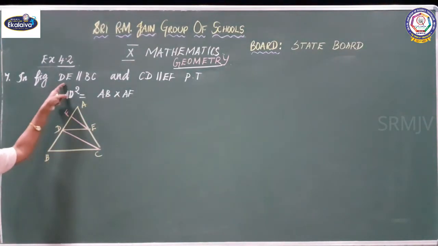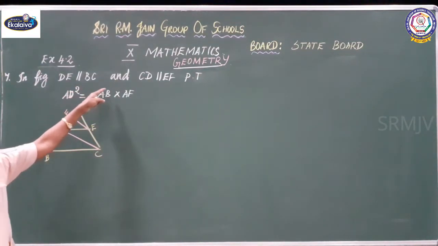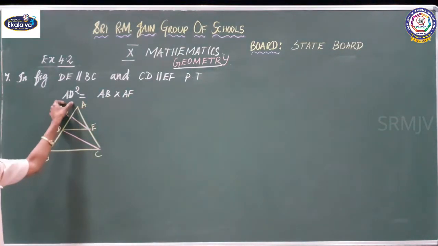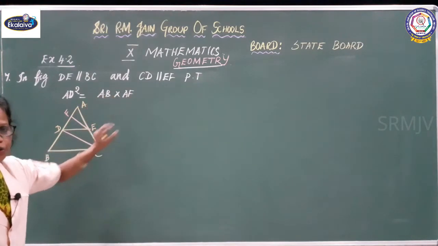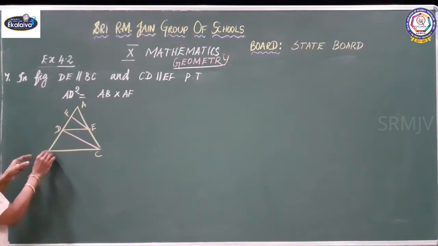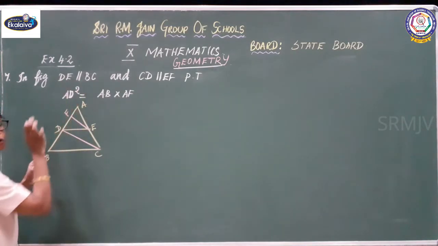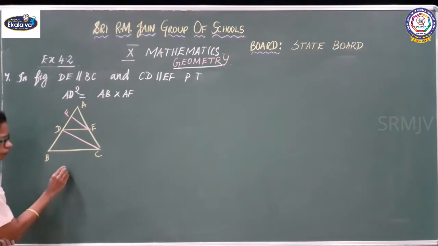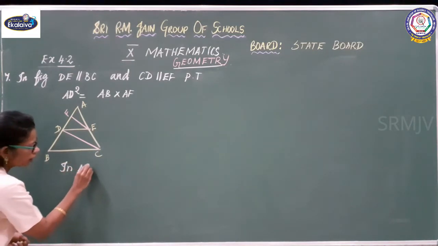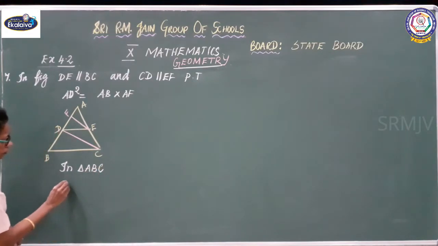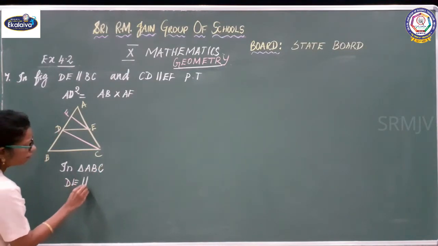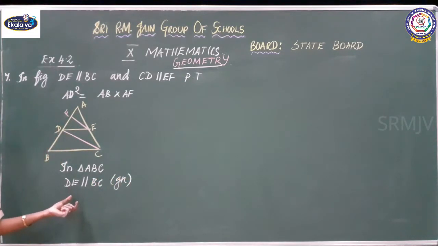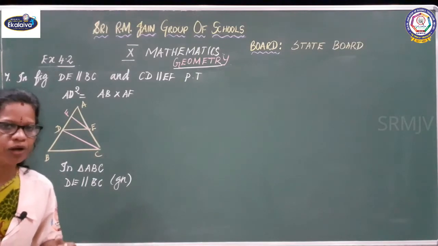In the figure, DE parallel to BC and CD parallel to EF, prove that AD square equal to AB into AF. See first which triangle you want to take. Because DE parallel to BC is given, you have to take triangle ABC. In triangle ABC, DE parallel to BC, that is given. If the parallel line is given, you can use the Thales theorem, right?